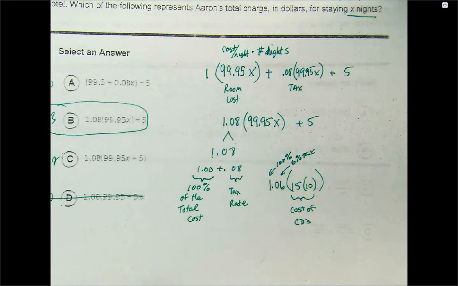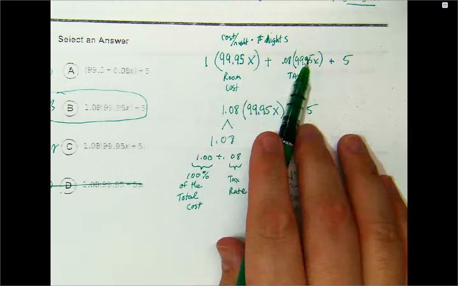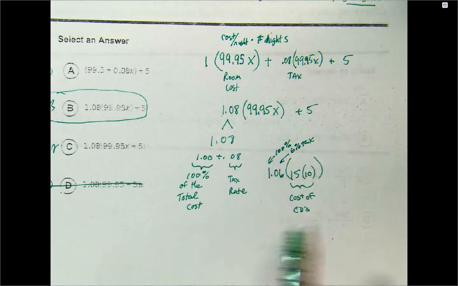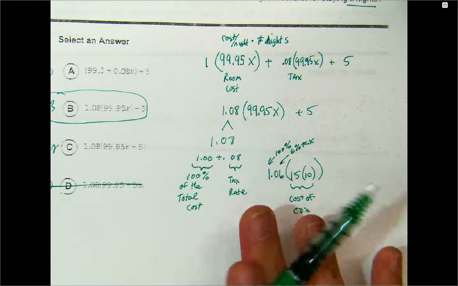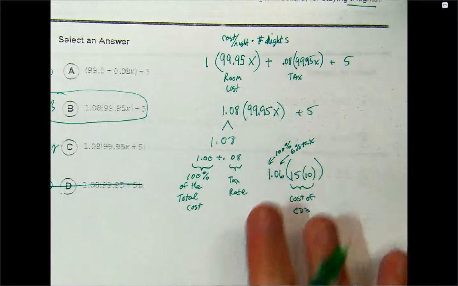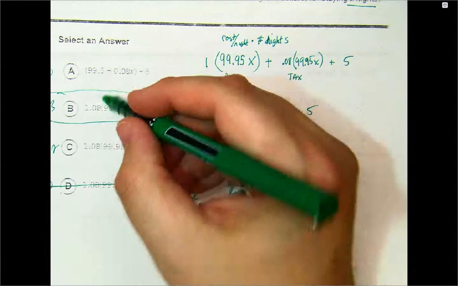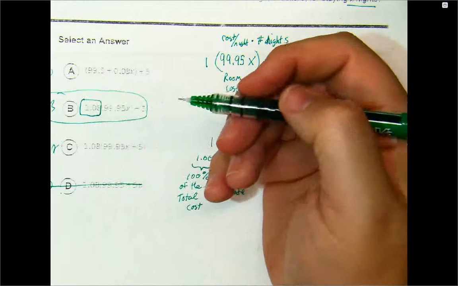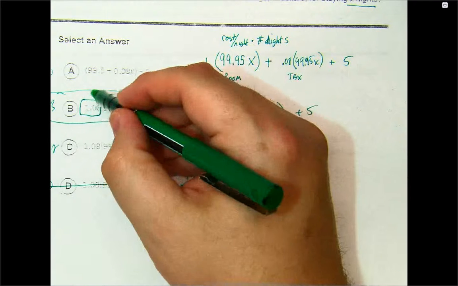And instead of doing it like this and saying, here's your total cost plus your tax, you can do it all in one step, just 1.08, 1.06, whatever your tax is, as long as you can figure out what your total cost is going to be. Now, every practice test that I've seen has a problem like this on it, where you build this up. So don't get freaked out by this 1.08. Think of it as 100%, which is your total cost. That 1 is your total cost, that's your tax.